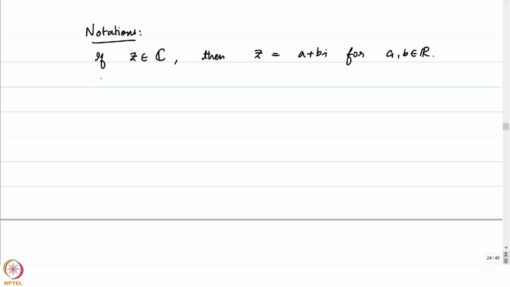For z a complex number, z = a + ib. This a is not the article a, it is this a. So a is called the real part of z.